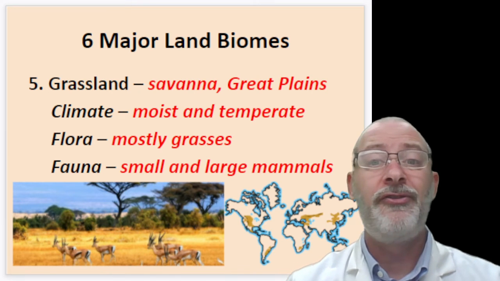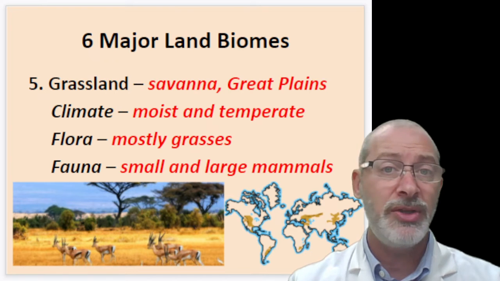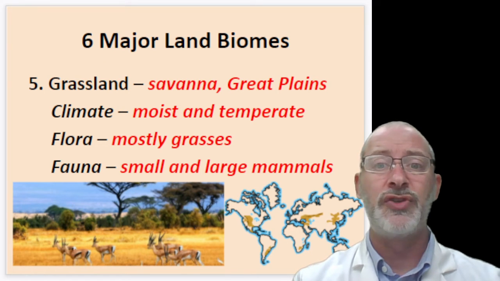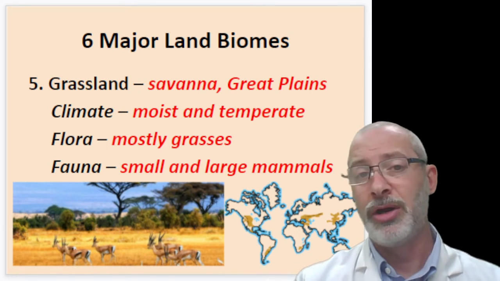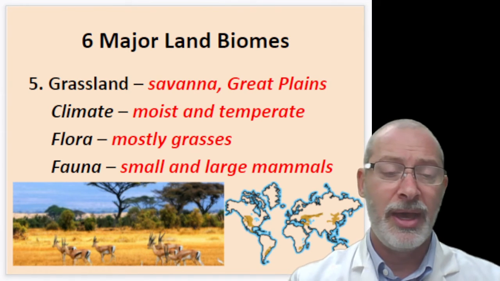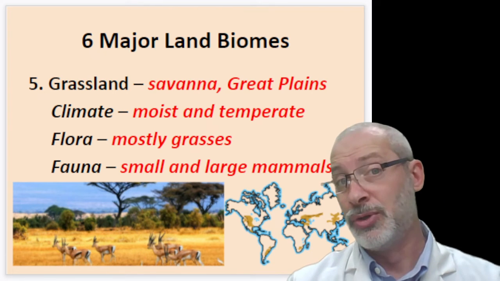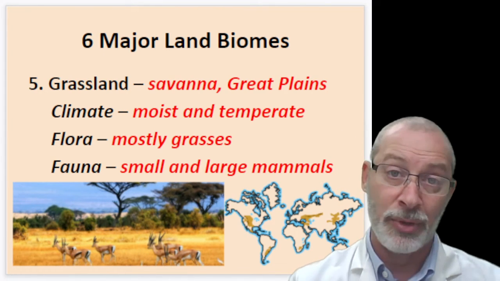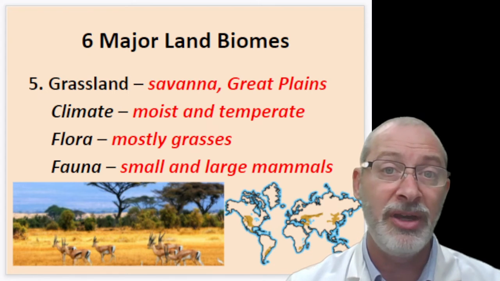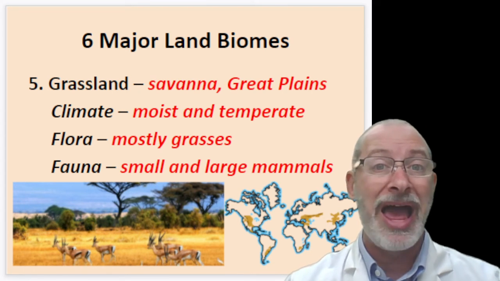So the fauna of grasslands is also rather diverse. You can have small and large mammals in the grasslands. The world's largest land animals, that is, are typically found in grasslands. Elephants, the rhinos, giraffes.